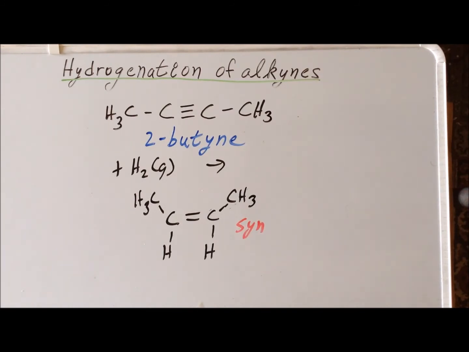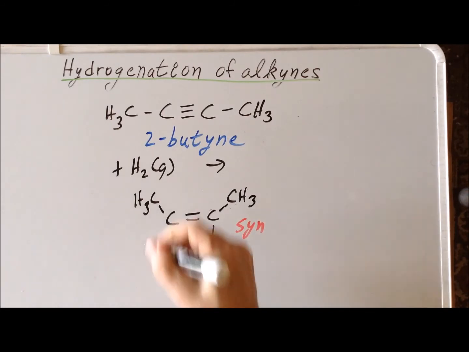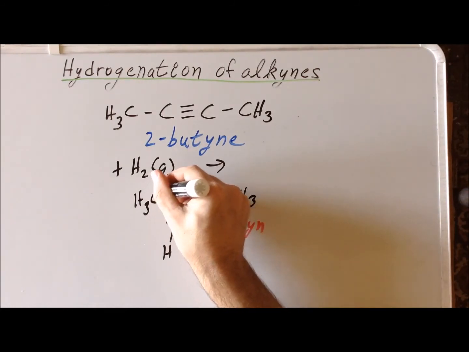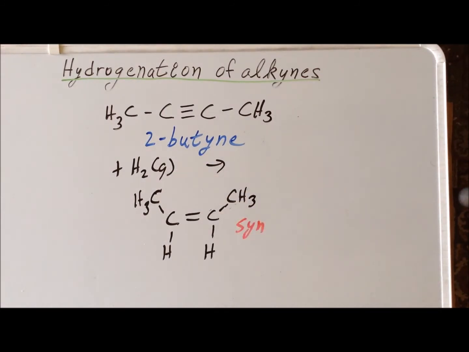But even more than that, we see that the methyl groups are on the same side of the carbon-carbon double bond. And we don't have free rotation around the carbon-carbon double bond, so once they're both on the same side, they're going to stay on the same side. Therefore, the complete name for this particular molecule is cis-2-butene.